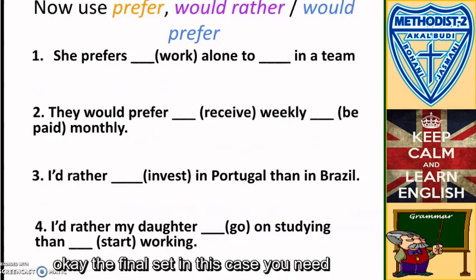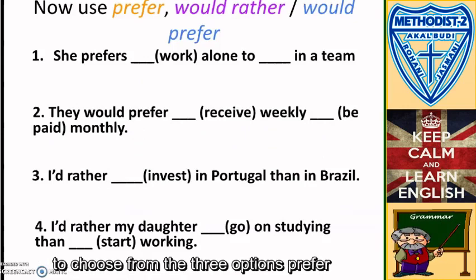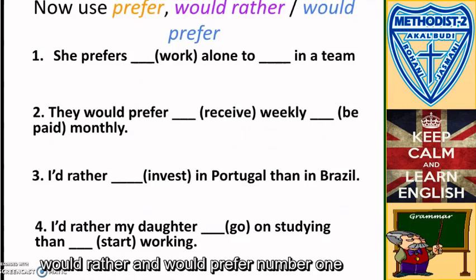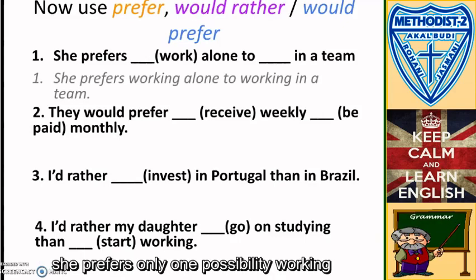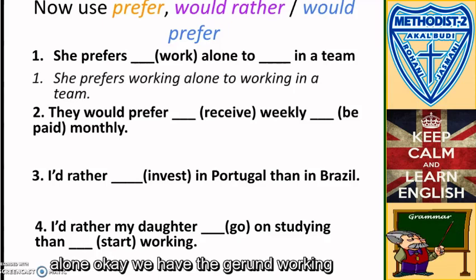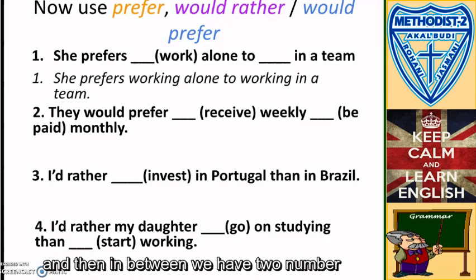Okay, the final set. In this case, you need to choose from the three options: prefer, would rather, and would prefer. Number one, she prefers, only one possibility, working alone. Okay, we have the gerund, working, and then in between we have to.